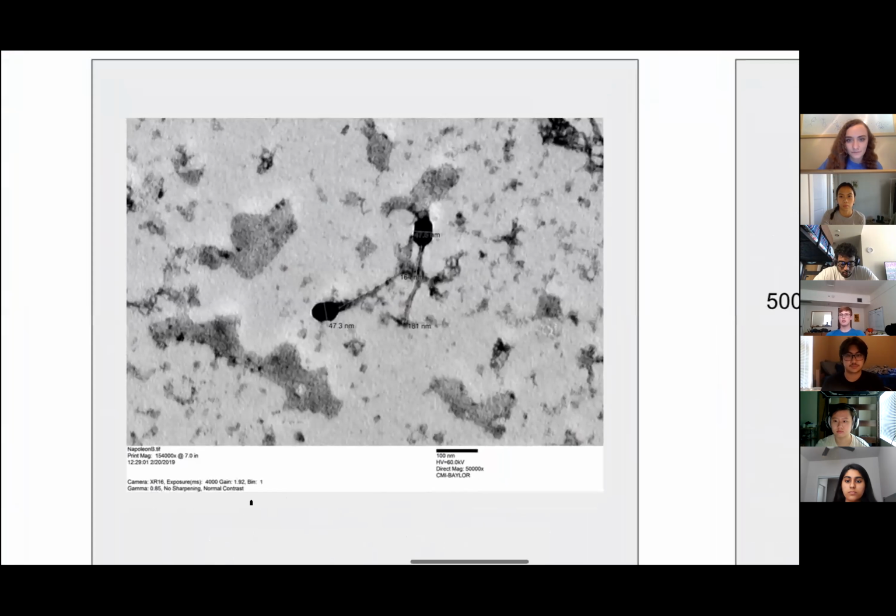So this right here is the phage's capsid, also commonly known as the phage's head. All the phage's DNA is inside of the capsid.